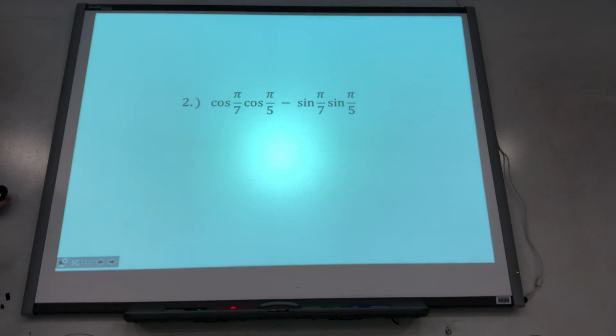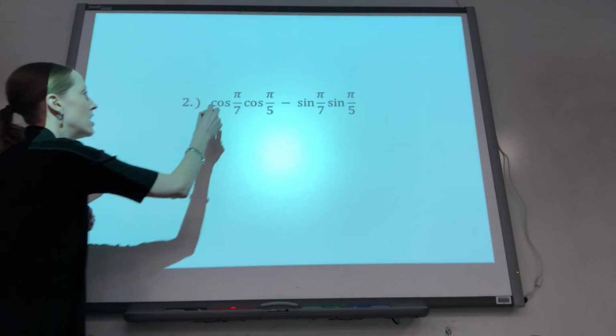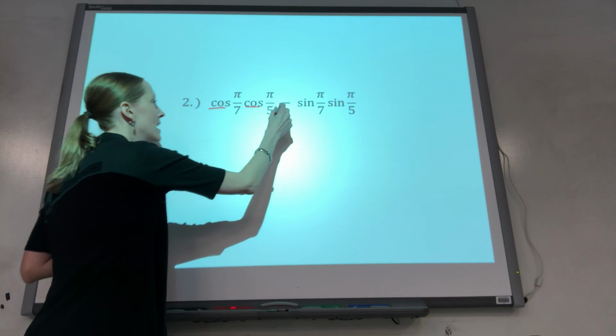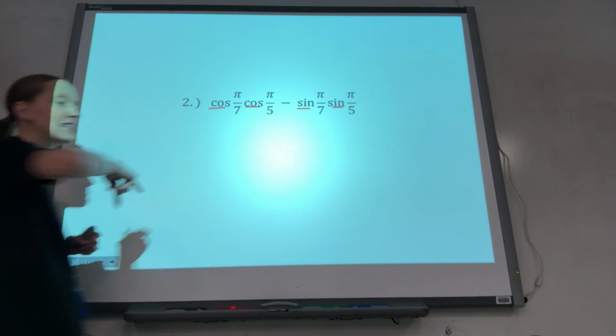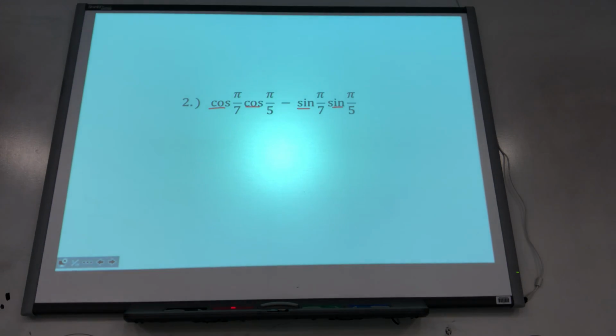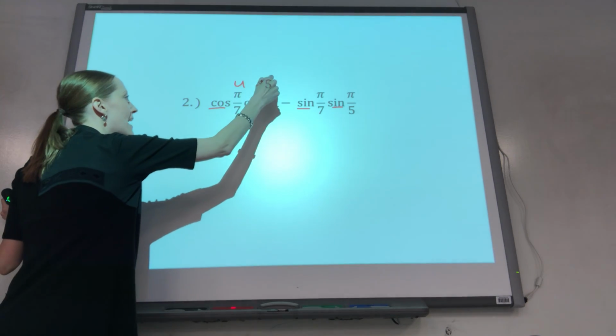Okie doke. I'm looking at my order: cosine, cosine, minus sine, sine. Cosine, cosine, minus sine, sine. There you are. So the U in this problem is pi over 7.